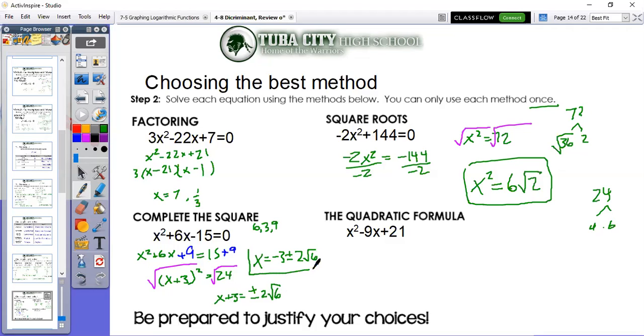So all I did was just move it over to the other side. There we go. And again, it's an irrational expression. So we don't need to go any more than this here. So we are done with this.